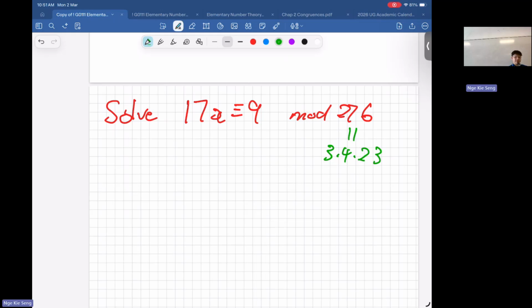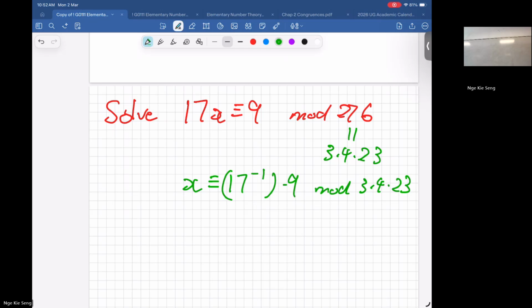In this sense, maybe you can multiply by the inverse of 17 first. You realize that you can use the Chinese remainder theorem here because you want to find a solution mod a product of pairwise relatively prime numbers.